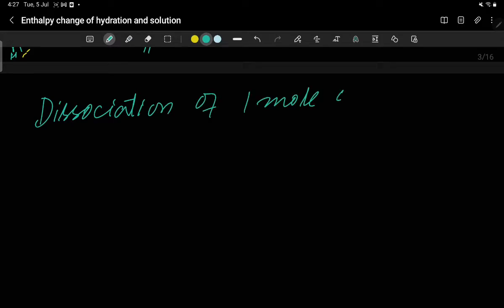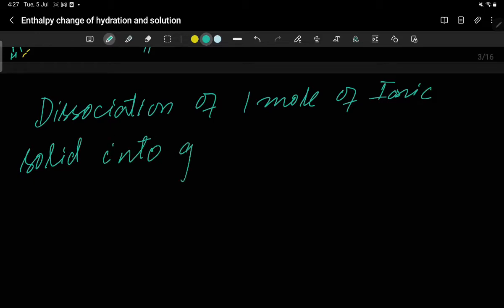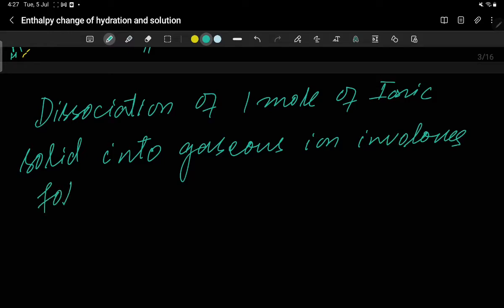Dissolve, so dissociation of 1 mole of ionic solid into gaseous ions involves the following process.